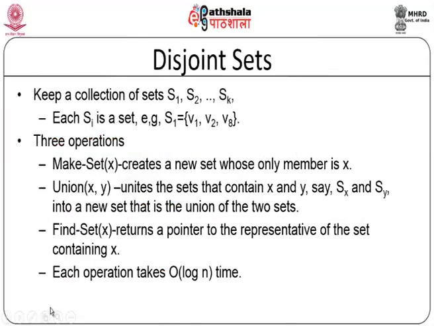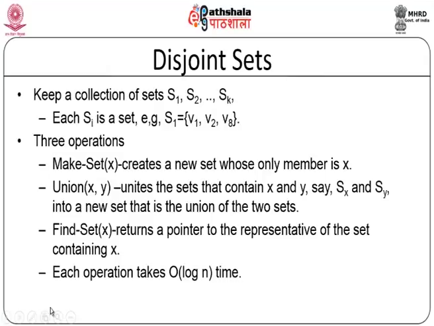Now, let us look at what we mean by disjoint sets and then see what the operations are. Keep a collection of sets S1, S2 to Sk. Each set Si will have a list of vertices associated with it. For example, S1 is a set that could contain V1, V2 and V8.